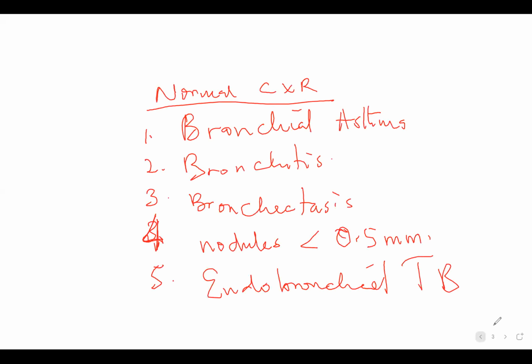I hope you took note of those conditions. We said there are conditions that can give hilar lymphadenopathy, which could be unilateral or bilateral.